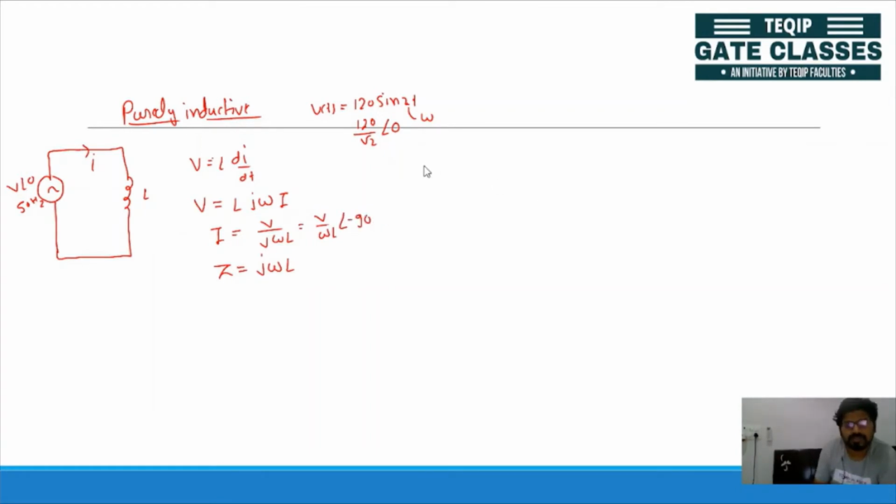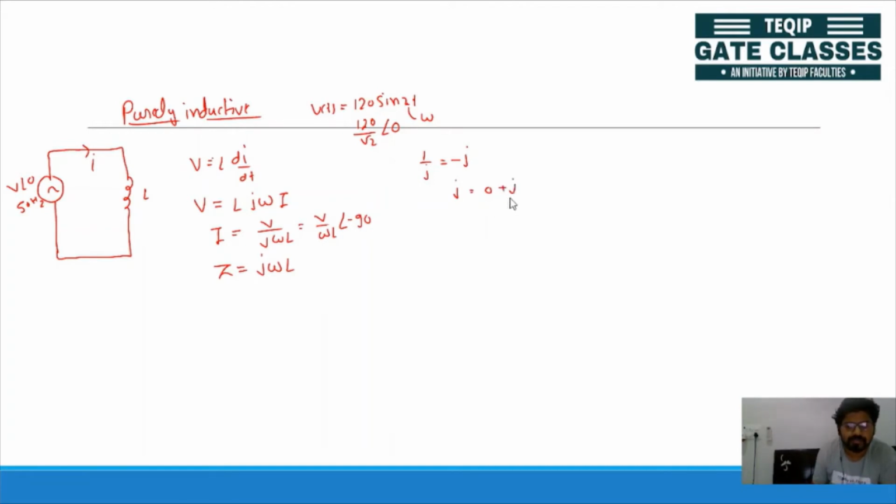Why? Because you know 1 upon j can be written as minus j. This j will go to the numerator and it will become minus j. If you convert plus j into polar form, what does it mean? It means 0 plus j in rectangular form.